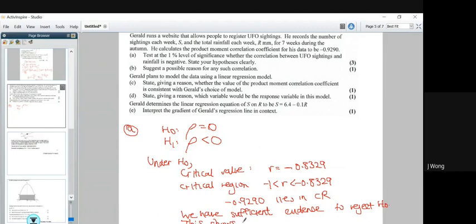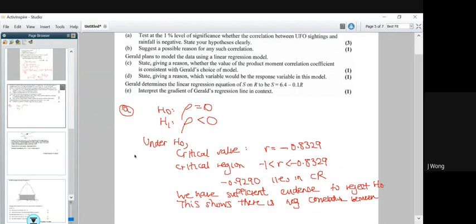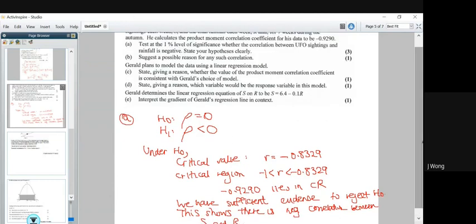That will be between -1 and -0.8329. And since the data that we collected is -0.9290, it lies in the critical region, and that causes us to reject H0 since we have significant evidence.